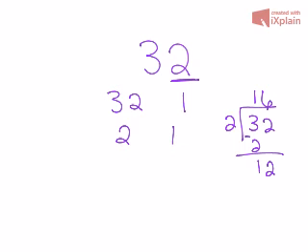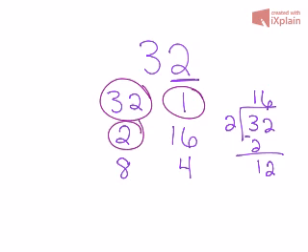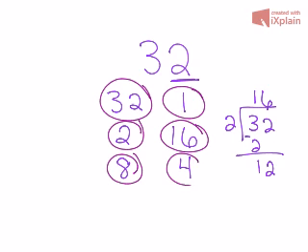So 2 and 16, 8 and 4. So look here, this one has 1, 2, 3, 4, 5, 6 factors. As long as it is more than 2, it is considered composite.